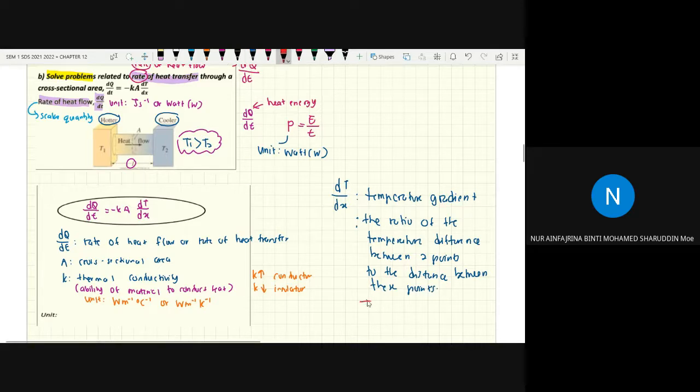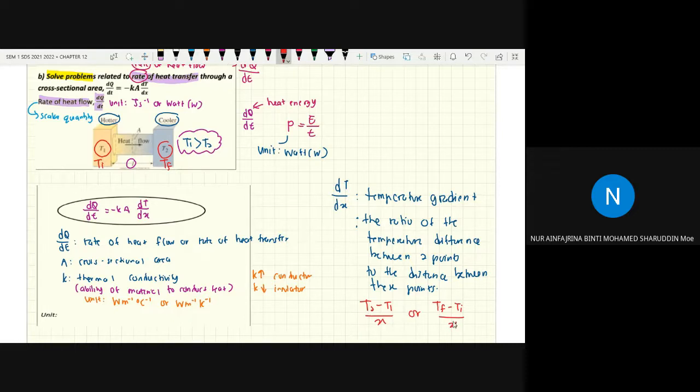It is actually T2 minus T1 over x, or T final minus T initial over x. As you can see here, we have the initial temperature, which is T1, and the final temperature, which is Tf. So it is literally the final temperature minus the initial temperature over x.